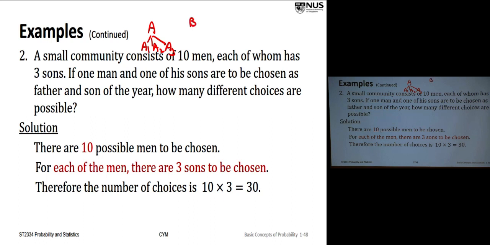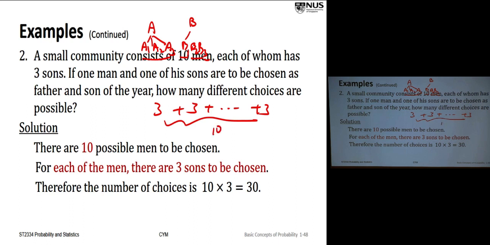Second man B: B1, B2, and B3. They are all different from this. The 3 sons from B are different from the 3 sons of A. But there's still 3 ways to do it. So basically, it is 3 ways plus 3 ways and so on, altogether there are 10 of them. So it's 10 times 3, so it's okay.